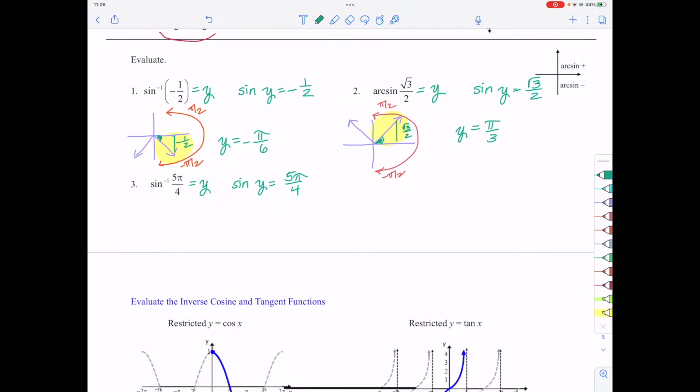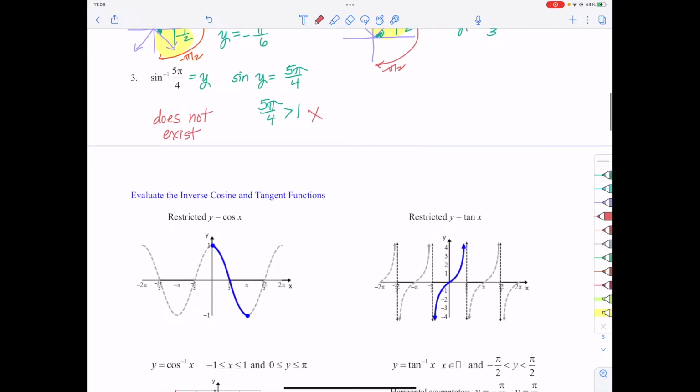So as you can see, 5 pi over 4 is greater than 1. So this is not a possibility, and we can say that y does not exist.